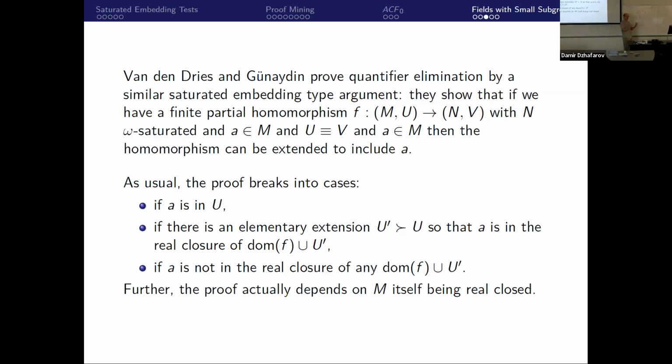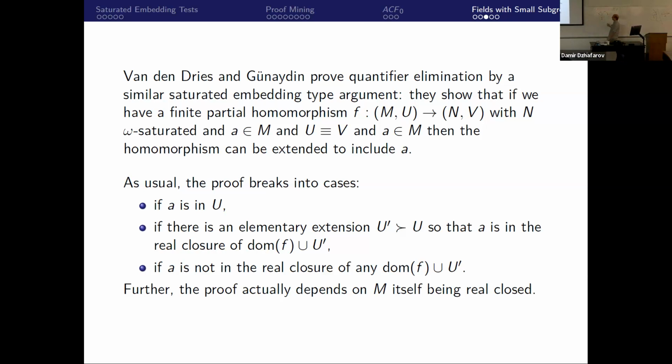And so this is a much messier thing to deal with than before, when we dealt with the algebraic closure of the domain of F. Here there might be an extension of U, and then we take the closure together with the domain of F. So that's a much messier thing to talk about. And then the final case is the analog of being transcendental, but you're transcendental now over this much bigger thing, because you're transcendental over the monster model of the U together.